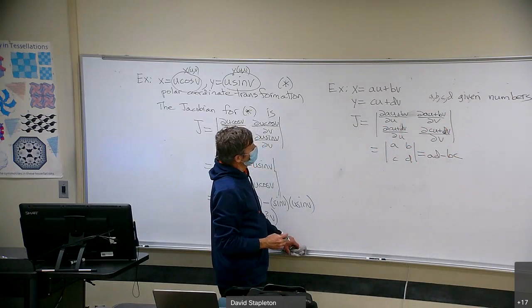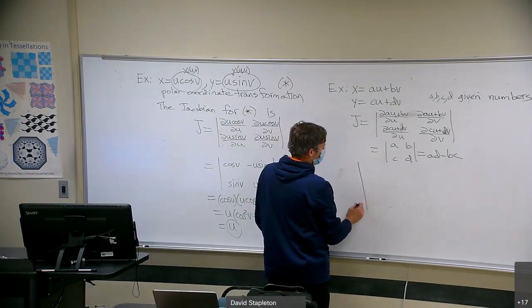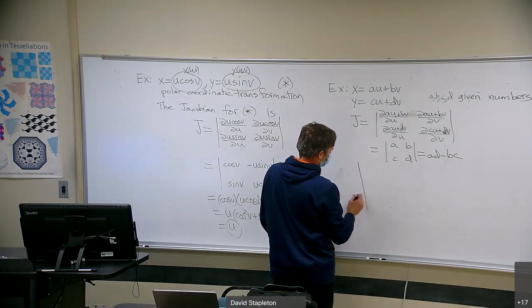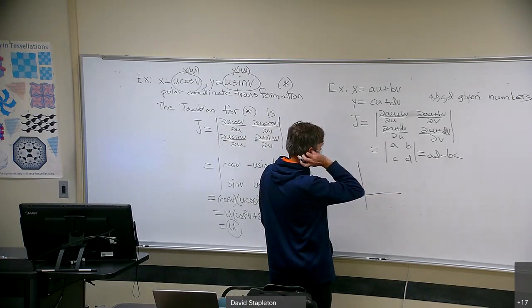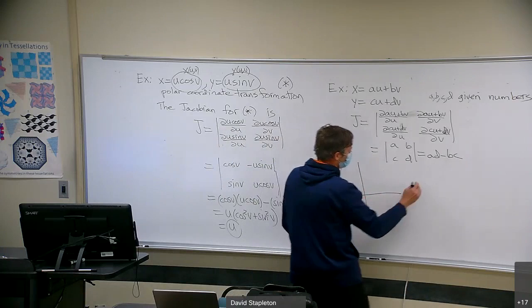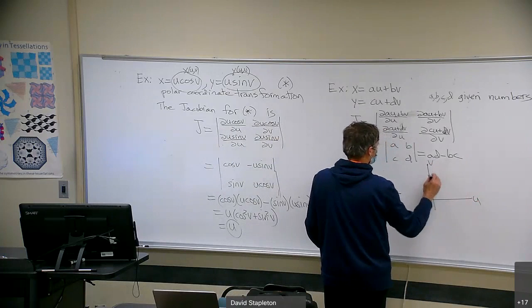How can that be significant? This is actually the magnification factor between the u and v coordinates.